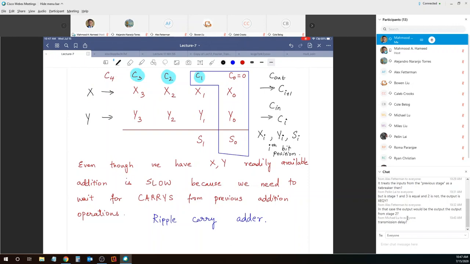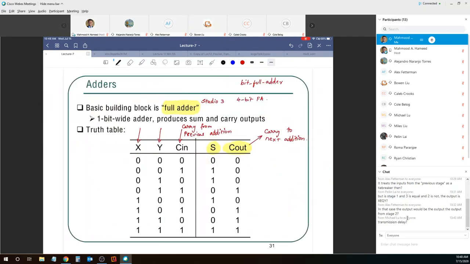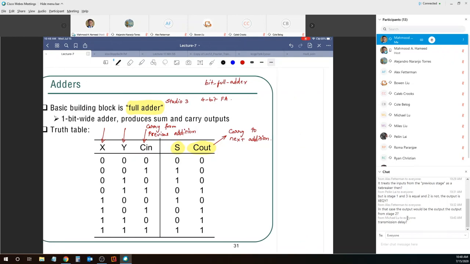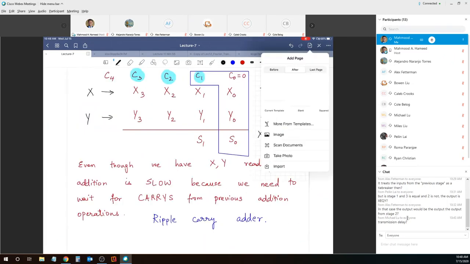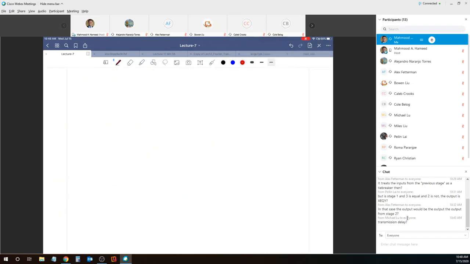Now, based on this truth table, can I write an expression for maybe sum and carry out? I can quickly write those expressions out, so let's try to do that over here. Ripple carry adder. So this is still a ripple carry adder, also called the slow adder.